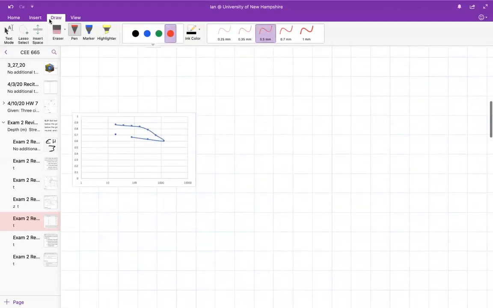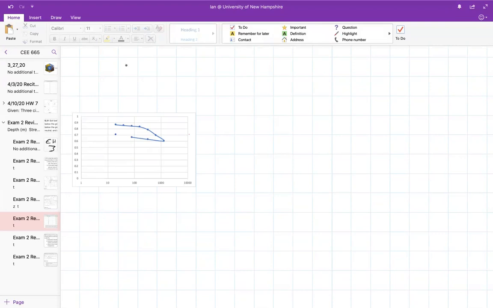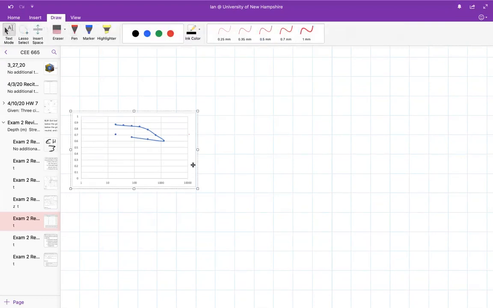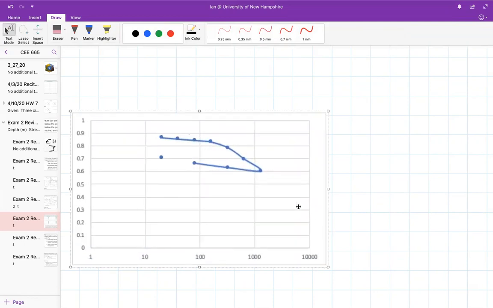So this is very tiny. Make this much bigger. My Excel did not want to be nice to me today. So this is our consolidation curve, in semi-log.